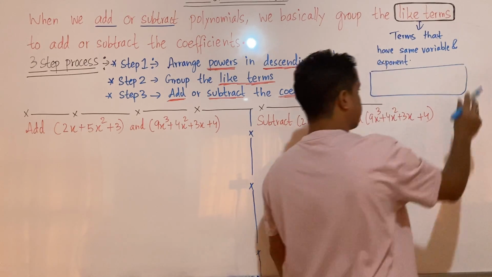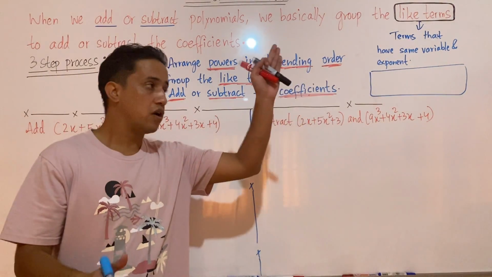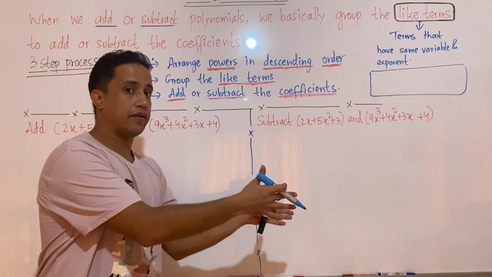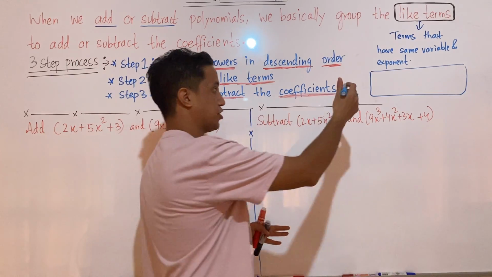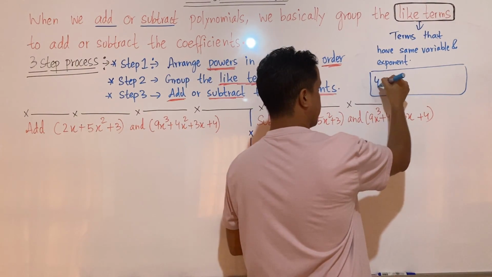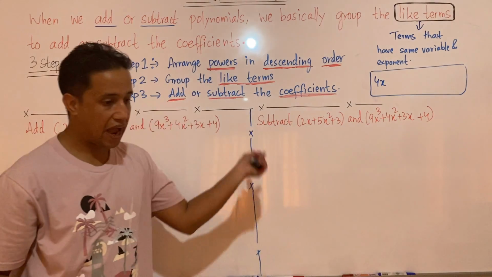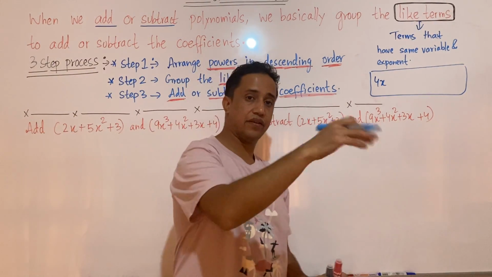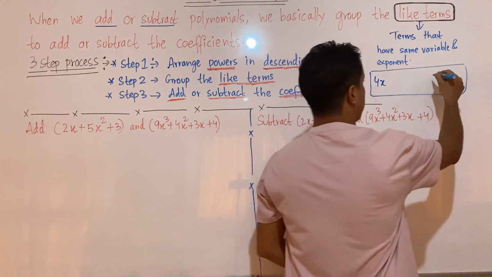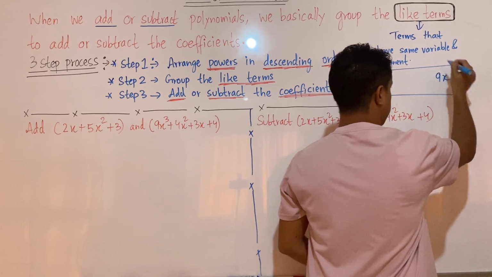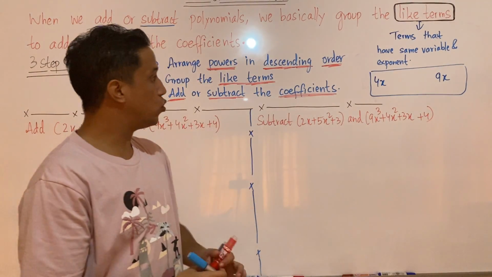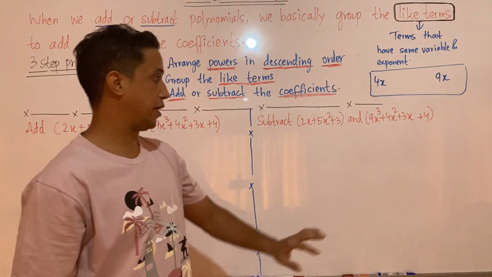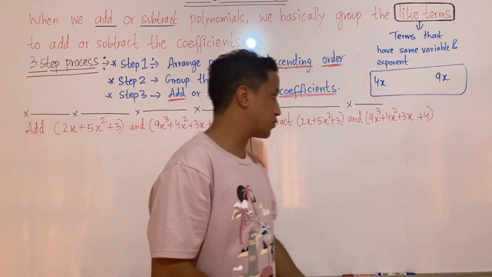For example, I have one term in one polynomial expression and the term is 4x, and I have another term in other polynomial expression, 9x. Okay, now when you look at both these terms, I will say these terms are like terms. Why?